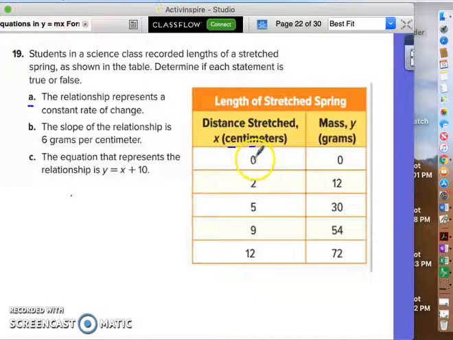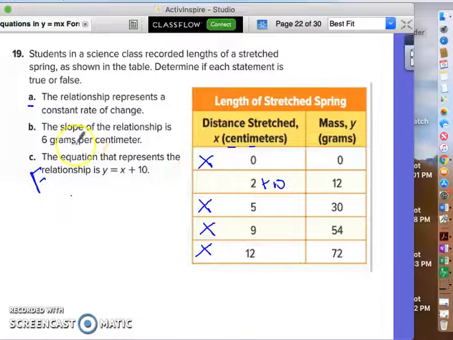Well, 0 plus 10 would be 10, not 0. So this one does not work. 2 plus 10 equals 12. That would work. 5 plus 10 does not equal 30, so this would not work. 9 plus 10 would be 19, not 54. So these 4 do not work. The only one that it works for is this one. So this would be false.